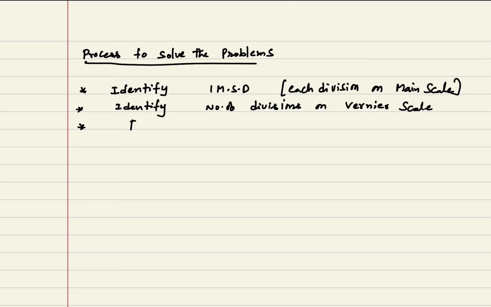Next point, find the least count of the vernier scale. By using the formula, least count is equal to 1 MSD minus 1 VSD.